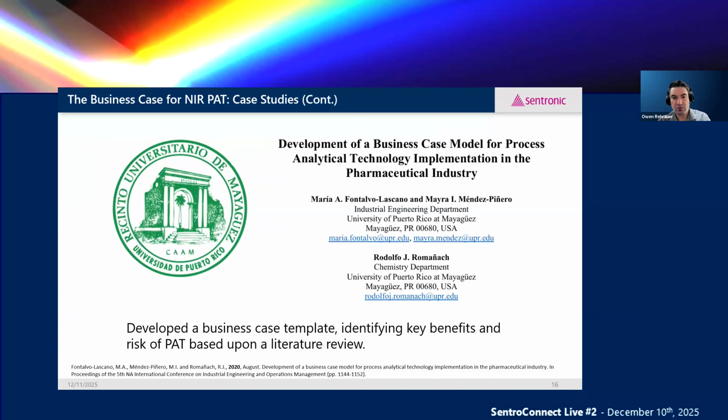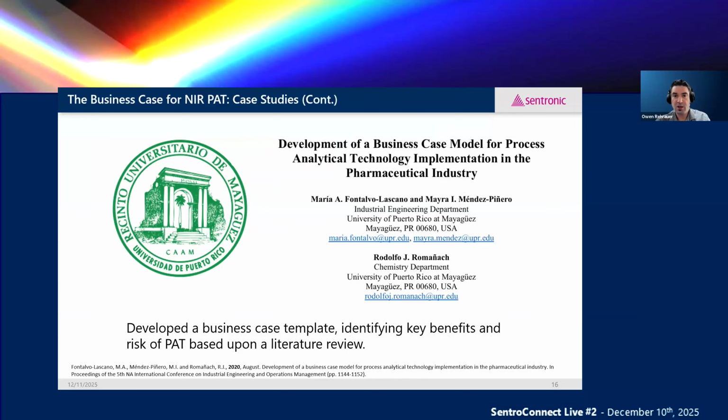UPRM out of the Romanok group also has, in my opinion, a very useful business case template for identifying key benefits and risk of PAT. Based upon a literature review, UPRM has been a center of excellence for PAT for some time. And if you're interested in this, I think this paper is worth a look as well.